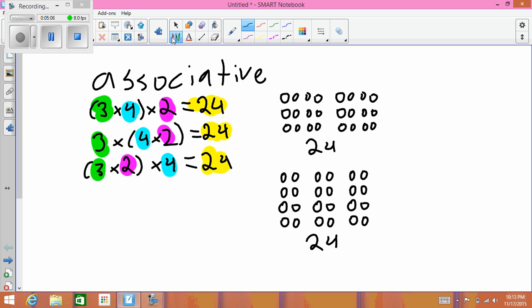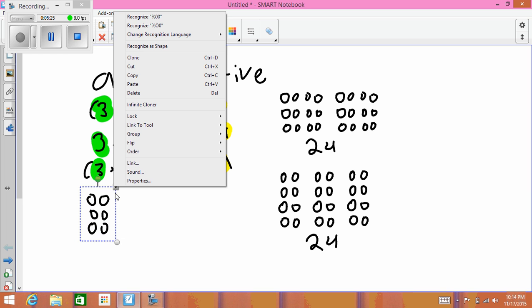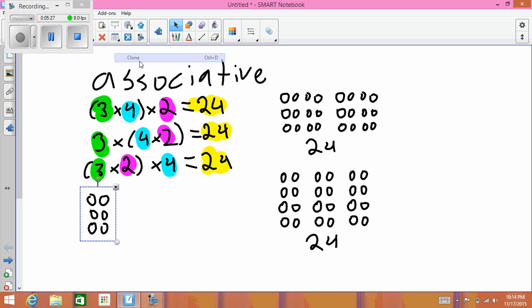Okay, let's go ahead and do the last one here to further prove that the associative property is true, and then we'll wrap the video up. So in this one, it says I have a grouping of 3 times 2. I'm going to show that 4 times. So let's build our 3 groups of 2. So 3 groups of 2. And then I'm going to go ahead and clone that so I have 4 of them, because I'm multiplying that array by 4.